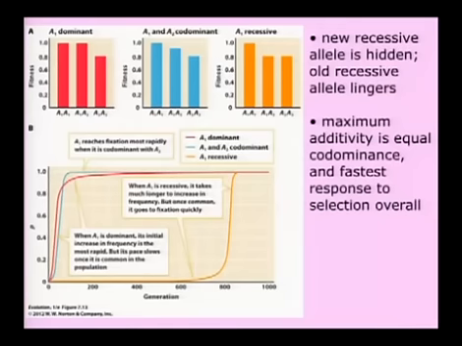Everybody with me? If you have a mutation that changes from A1 to A2, and the A2 is recessive, then it's going to be in a heterozygote. So selection isn't really going to see it in the heterozygote. It's just going to sort of be there, right? It's not until a couple of heterozygotes happen to mate with one another that 1/4 of their offspring would be homozygotes for this recessive allele, and then selection would see it.